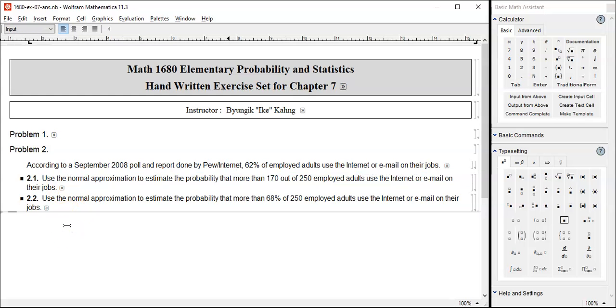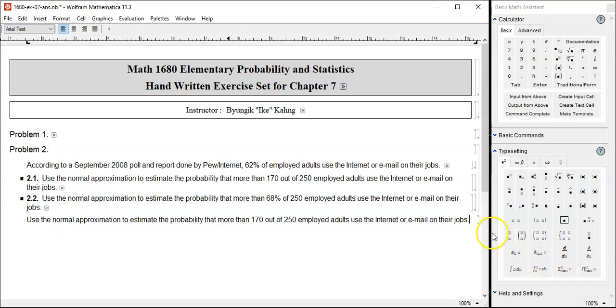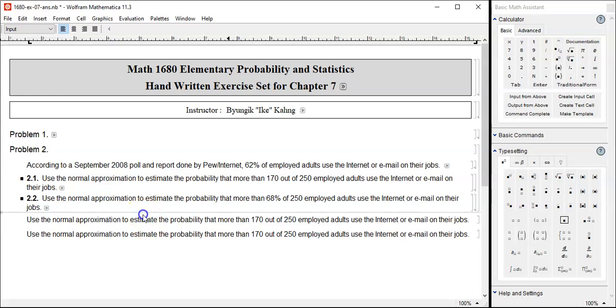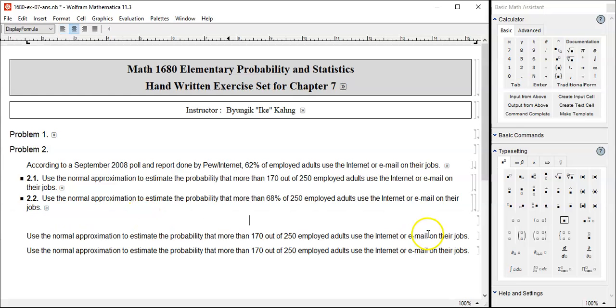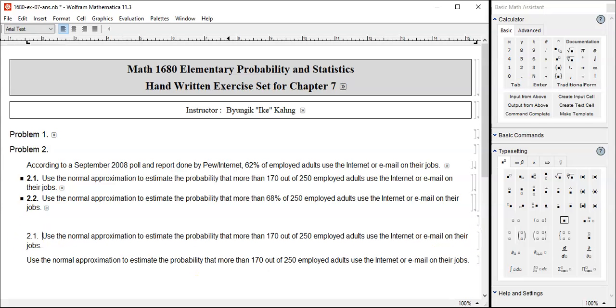Let's take this aspect here. Okay, let's consider these two versions. So 2.1 again. Let's label them as A and B respectively.